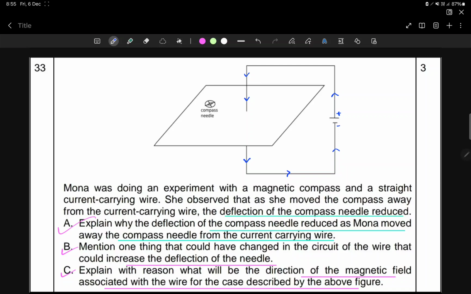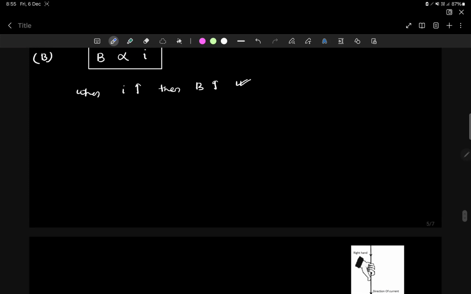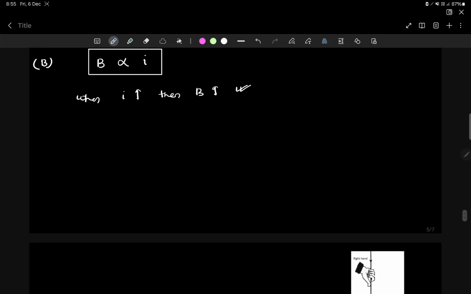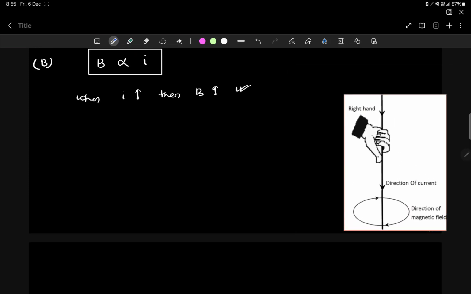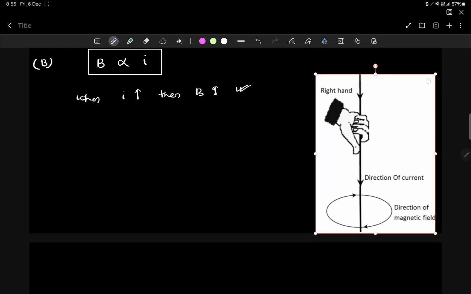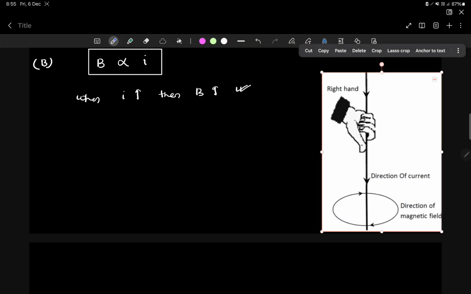So in order to determine the direction of magnetic field, which rule we have to use? Right hand thumb rule. Okay. Now see this. If you apply the right hand thumb rule when current is in downward direction, the direction of magnetic field is in clockwise direction.